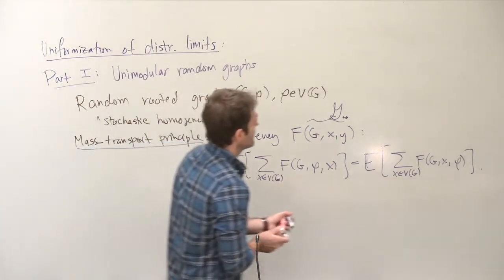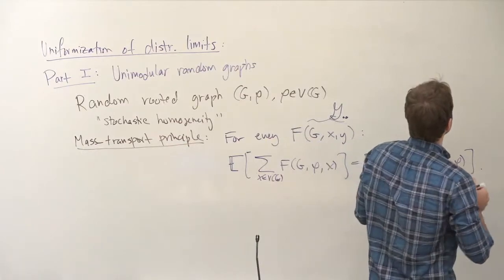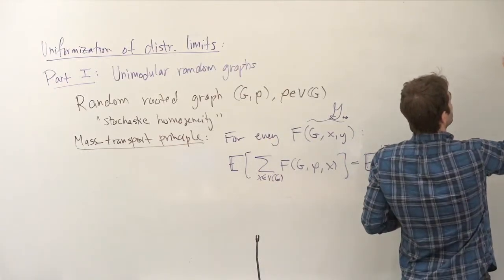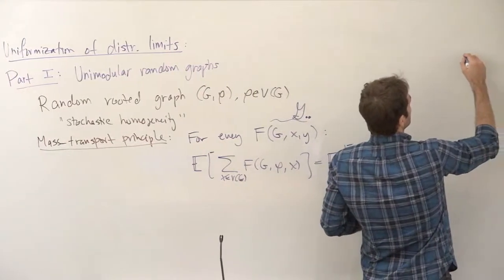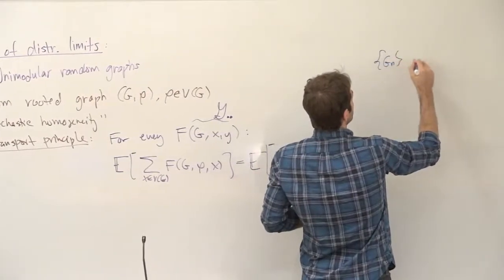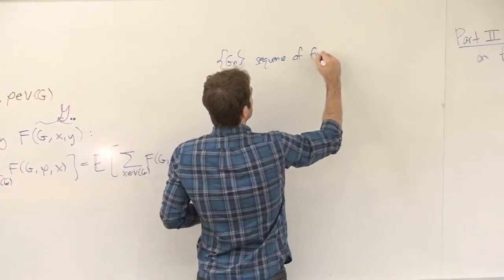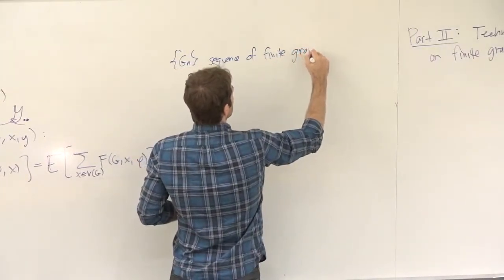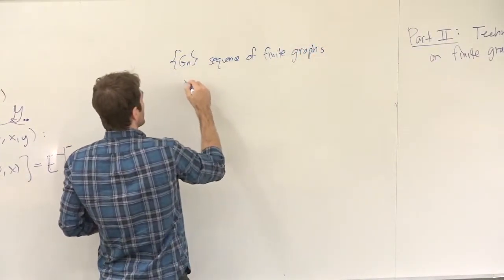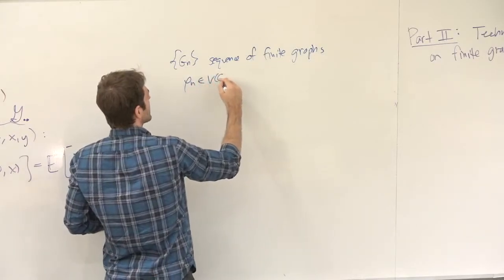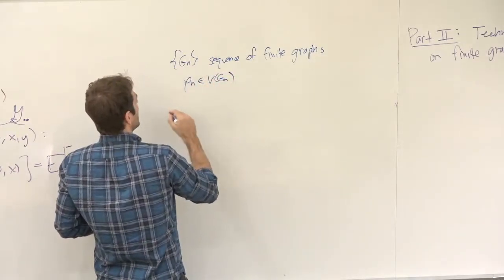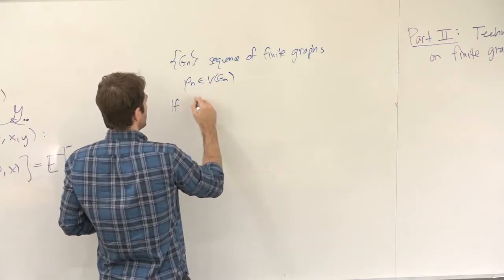And then one example, the only one actually that we'll be addressing here, is distributional limits of finite graphs. If G_n is a sequence of finite graphs, and in each such graph we choose a uniformly random vertex to be the root, I'll explain this notation in a second.